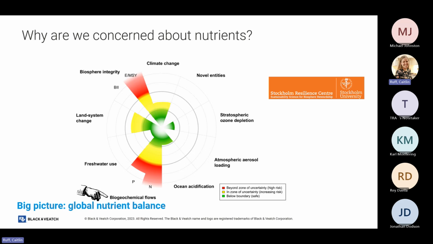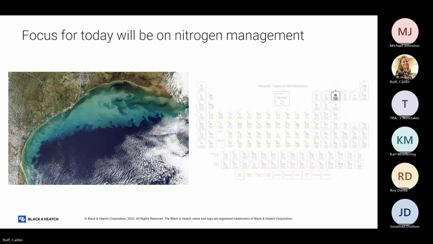So we're thinking about why we're concerned about nutrients. It's really this global perspective of thinking about the balance of nitrogen in the system. And then, like I said, for today, we're going to be focusing on nitrogen management.